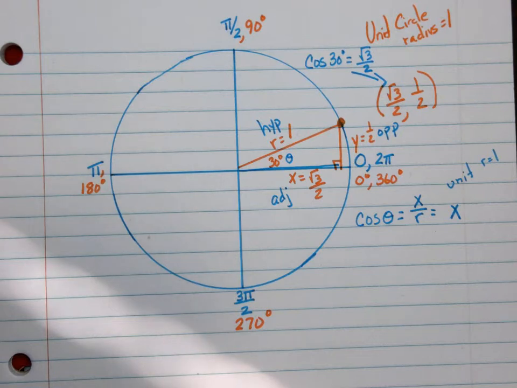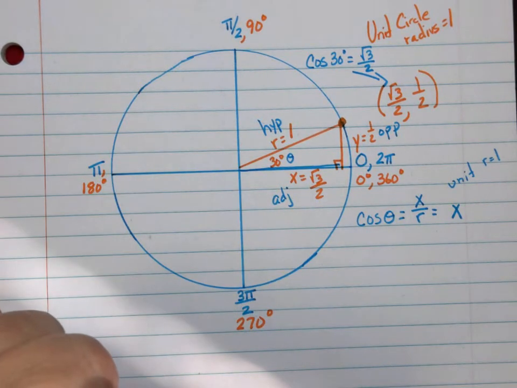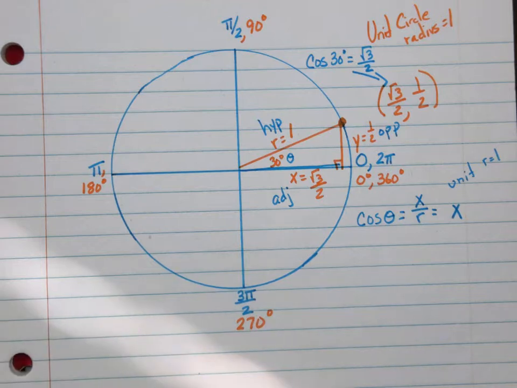It's the x value of that ordered pair. That's coming from adjacent over hypotenuse. Isn't that amazing? Yes, it is.